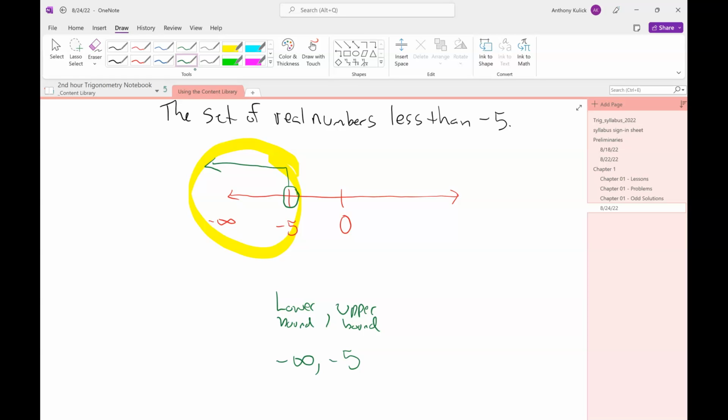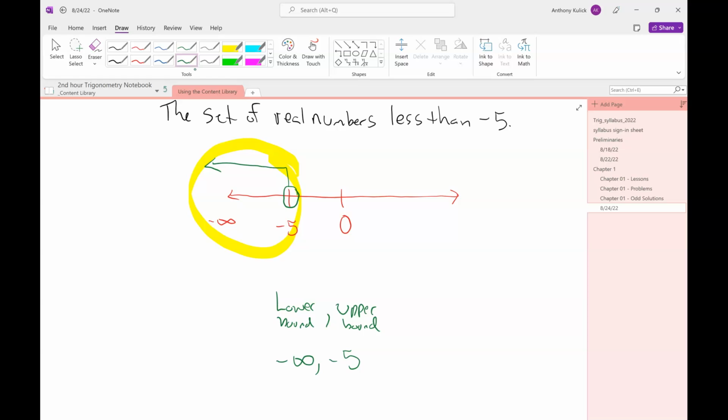Everybody agree? Now we need to indicate whether the values, the lower bound and the upper bound, are included in that set or not included in that set. So let's start with the -infinity. Is -infinity a number? Not really, right? It's like a concept. If I say, okay, what is -infinity equal to?